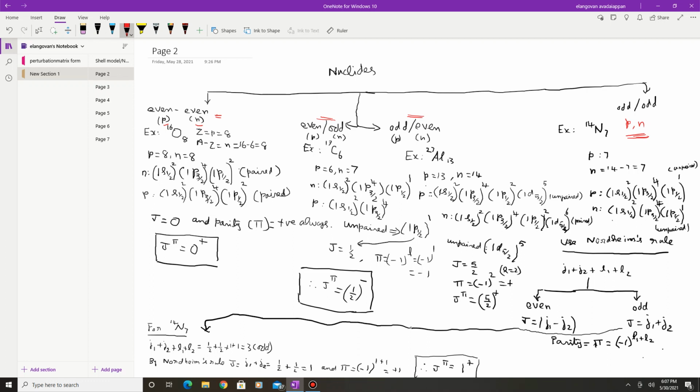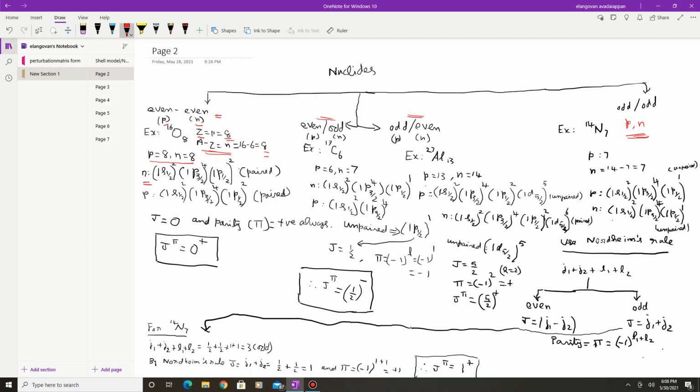So the proton number is 8, and the neutron number is also 8. So the first step is to calculate the total number of protons and the total number of neutrons. Then you write down the energy level sequence, referring to the diagram.